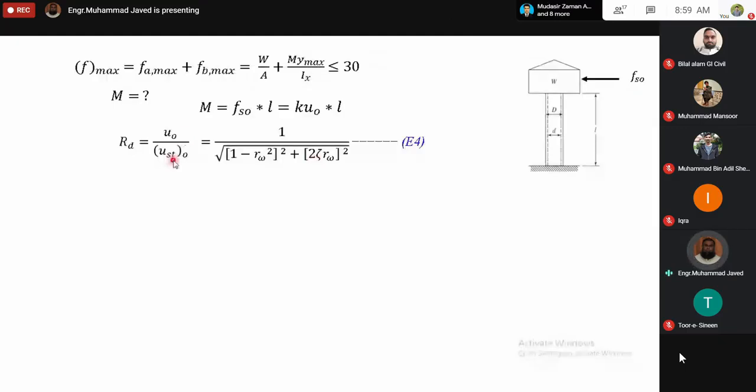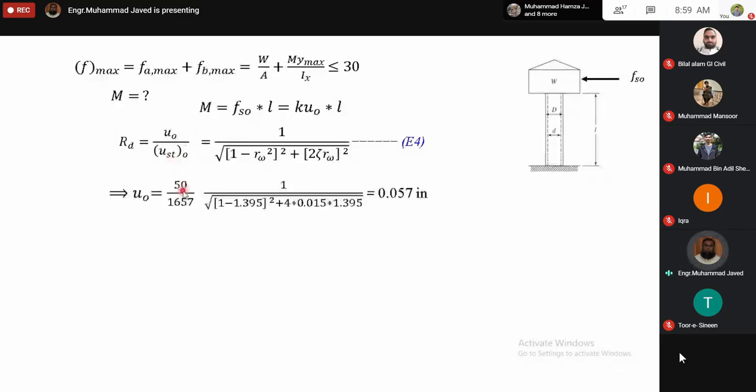U ST naught is P naught by K. P naught, which was calculated a few slides back, is 50 kip, and K is 1656.7 kip per inch, so we can calculate U naught. Once we calculate U naught, we can calculate Fs naught, and then we can calculate M.